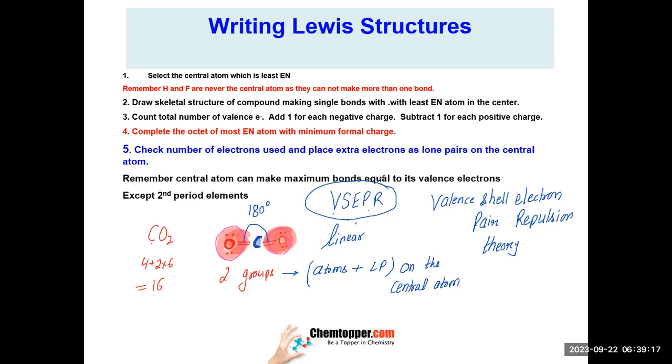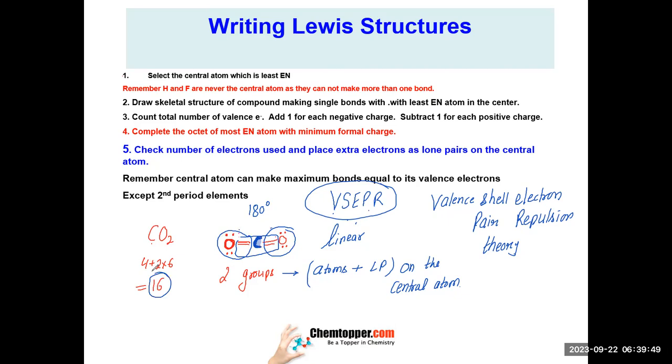Which one are you talking about? This carbon? No. How many total valence electrons are there? 16. Carbon can make 4 bonds. It's already with 4. It has used all 16. 8 here, 8 here. 8 plus 8, 16.